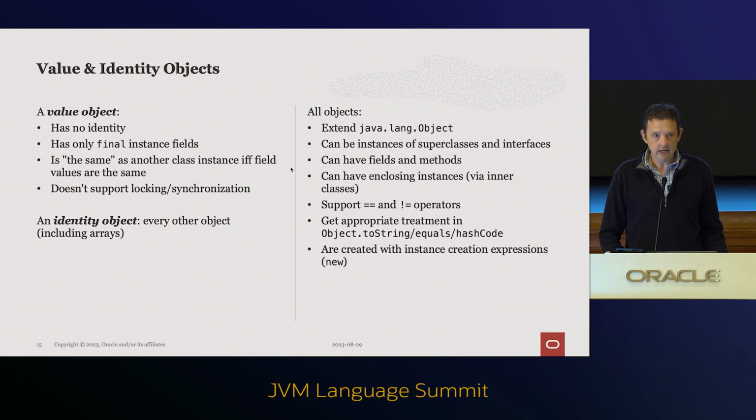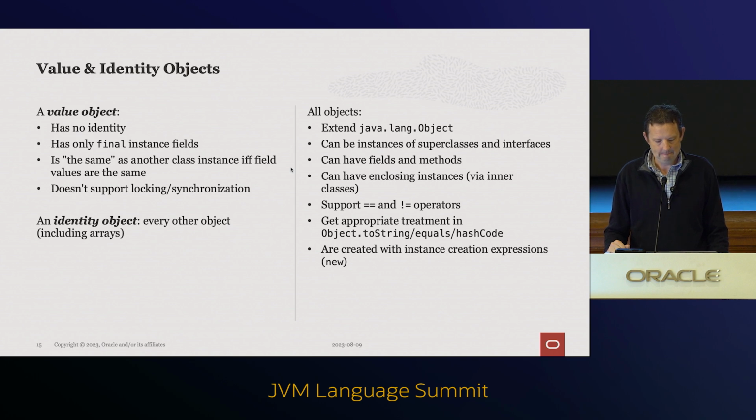A new term, an identity object, that's just any other object. It's not a value object, and that includes arrays. It's all the objects you're familiar with. So they have those differences on the left. There's a lot of commonality. All objects extend the Java-Lang object class. They all have superclasses and super interfaces. They all have fields and methods. They can have enclosing instances as inner classes, support the same operators, toString, equals, hash code, that all works.